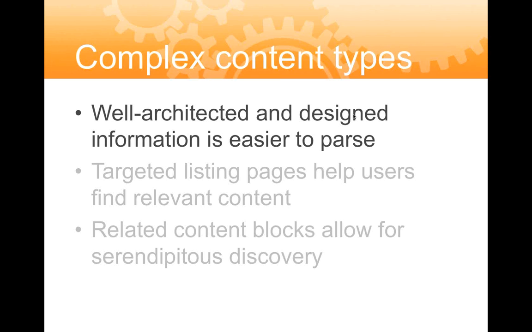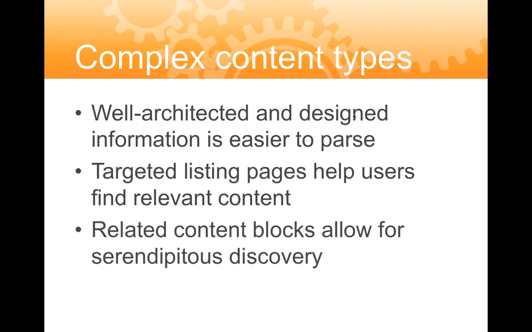But we find that if it's well architected and designed, we can make it easier for them to understand what the resources are that we have available. And the two methods that we discussed for achieving that were targeted listing pages, presenting these content types in lists, and the various kinds of lists that help users find the relevant content. And then the second piece, which is the one I'm really passionate about, is using these related content blocks to allow for serendipitous discovery.